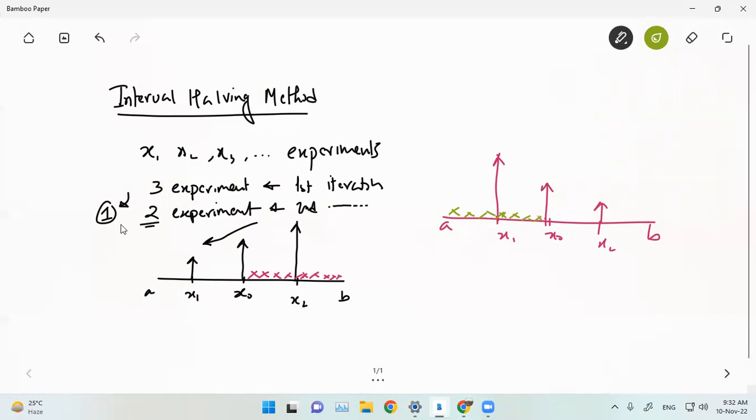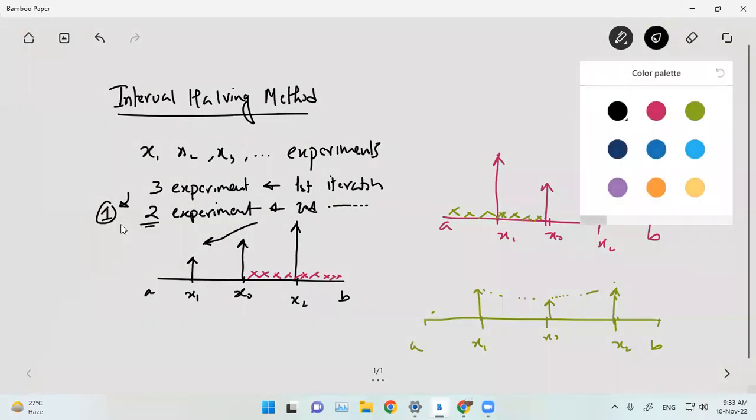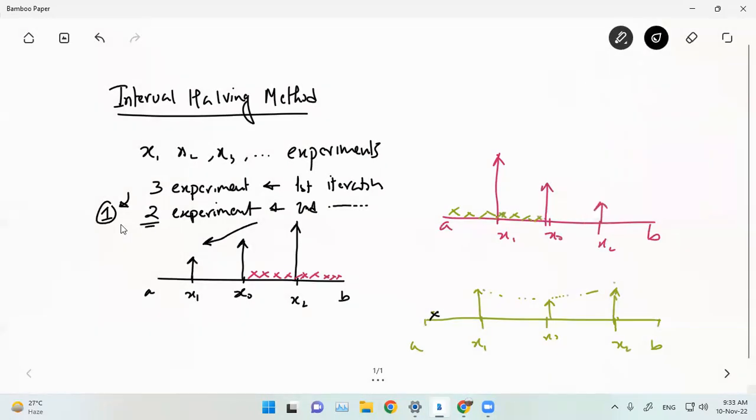And what will happen in the third case, between A and B, if you have x0, x1 and x2, and these 2 values are equal? In that case, the middle is a smaller value. So in this case, we have to eliminate these 2 portions. So this is the decision.